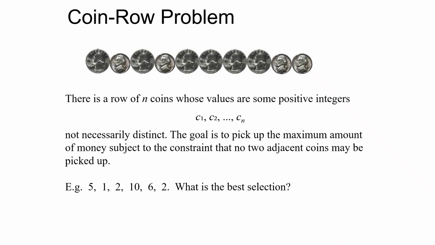Now what's the next coin with the greatest value you can pick up? There's a 2 at the end of the array that's not adjacent to the 5 or the 10. So you can pick that one up, and your total value is 17. It turns out that is your answer. So 17 is the max value here. Let's look at how we would get to that solution using dynamic programming.